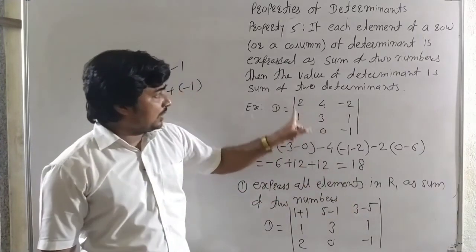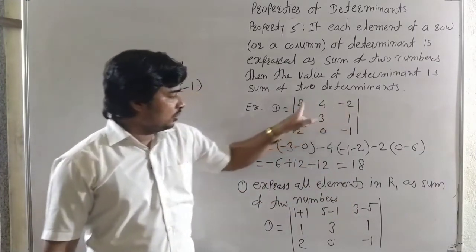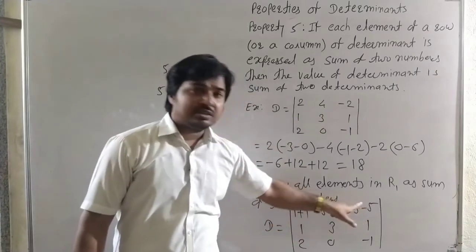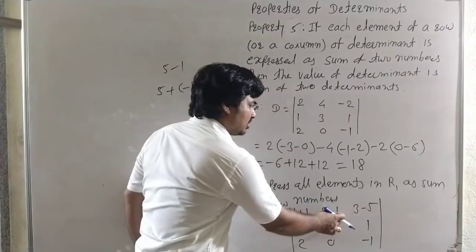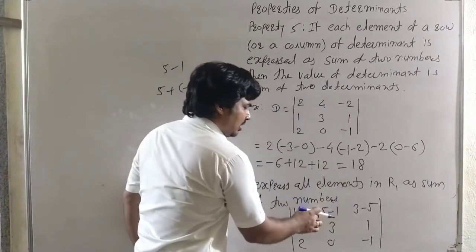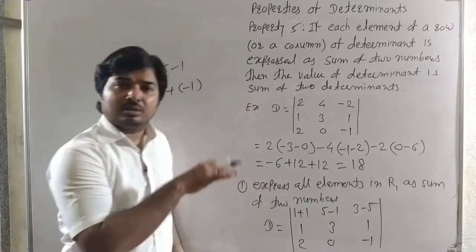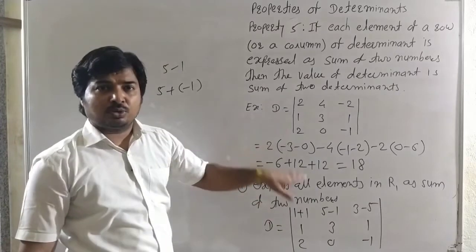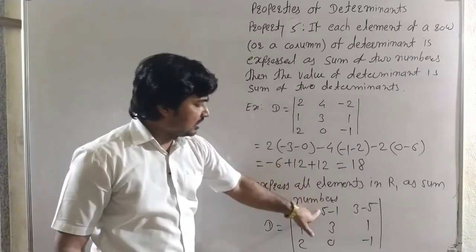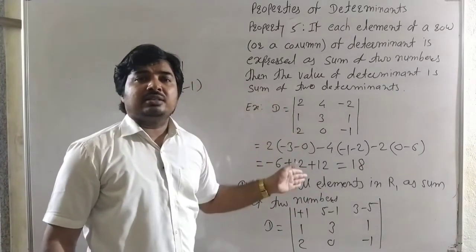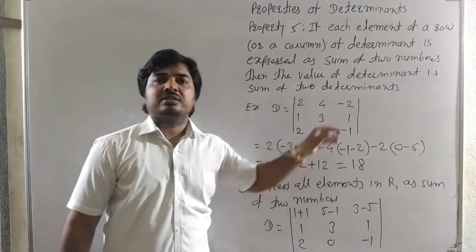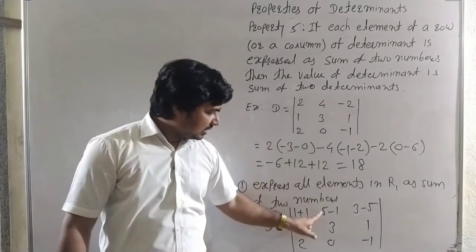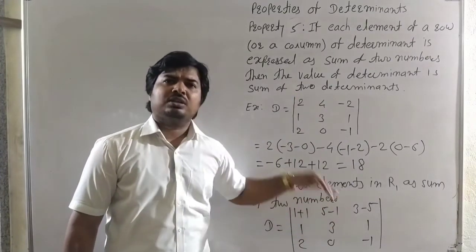Here all elements in a row can be expressed as a sum of two numbers. Here we can write 5 minus 1, which is 4, or 1 plus 3, which is again 4, or suppose 96 minus 92, which is again 4, though these are big numbers.